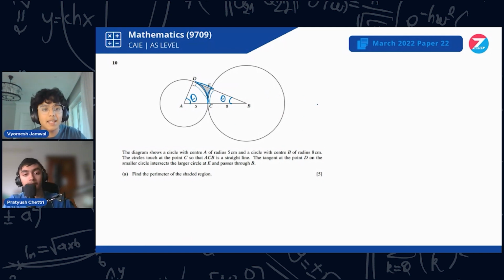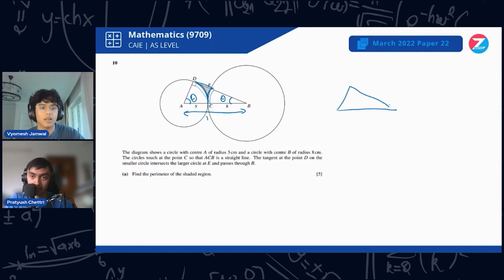So what are we given? We're given that AC is 5 and CB is 8. So we could actually imagine this as a triangle ADB. So AB is just going to be 13 units. And we know that DA, that's also the radius of the smaller circle, so it's also going to be 5, right?